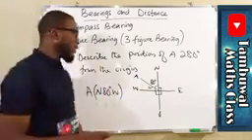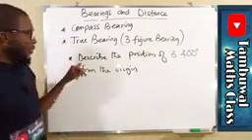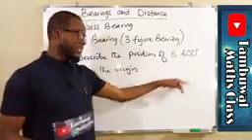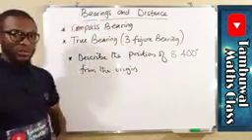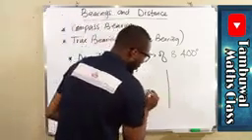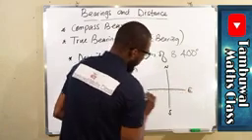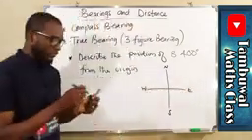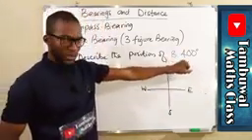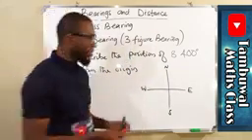Let us look on to another one. Okay, here is another one. You can see we are asked to describe the position B, which is 400 degrees from the origin. Our cardinal points, we have north, we have south, we have east, we have west. This is even more simpler to find. This is 400. The total angle we have is 360.